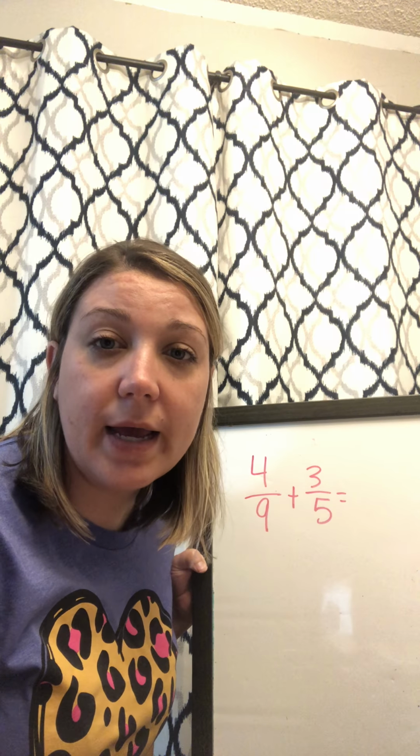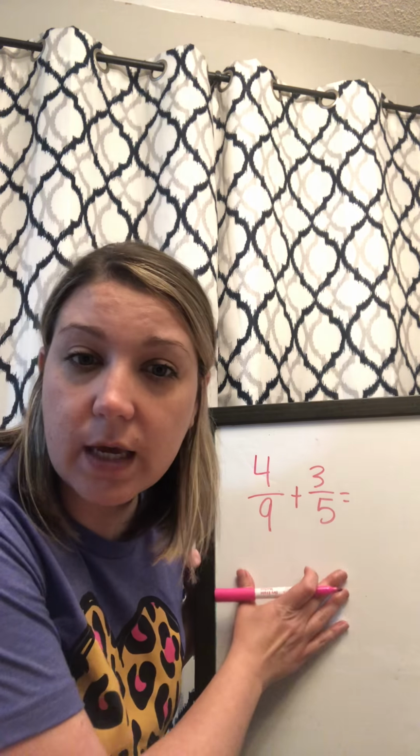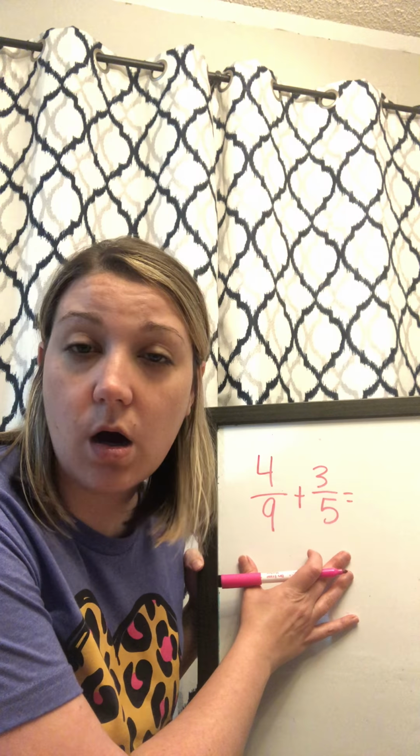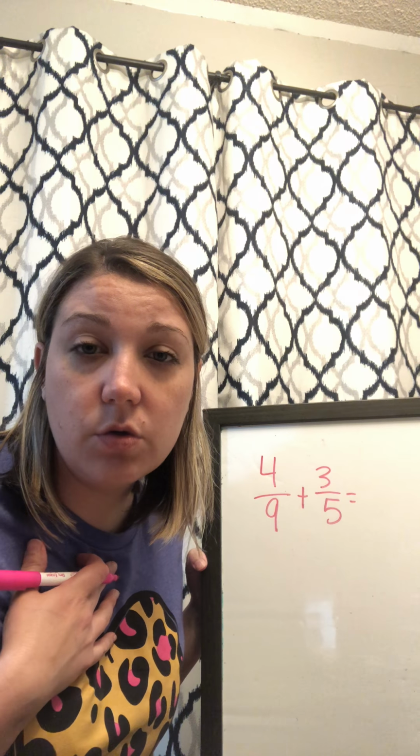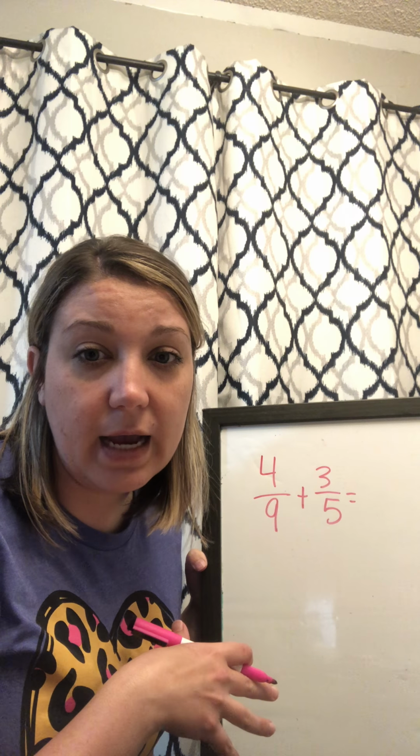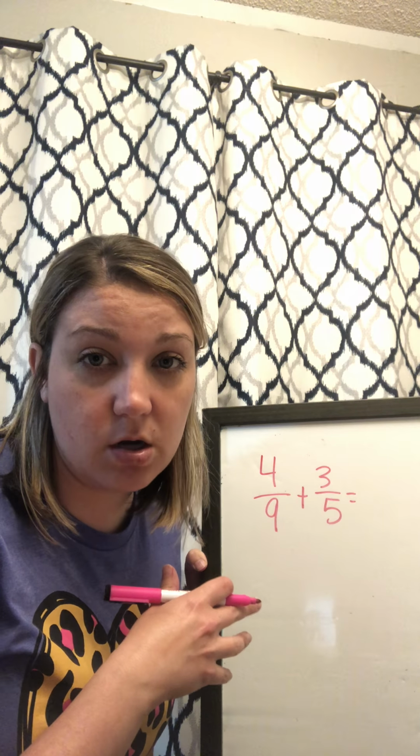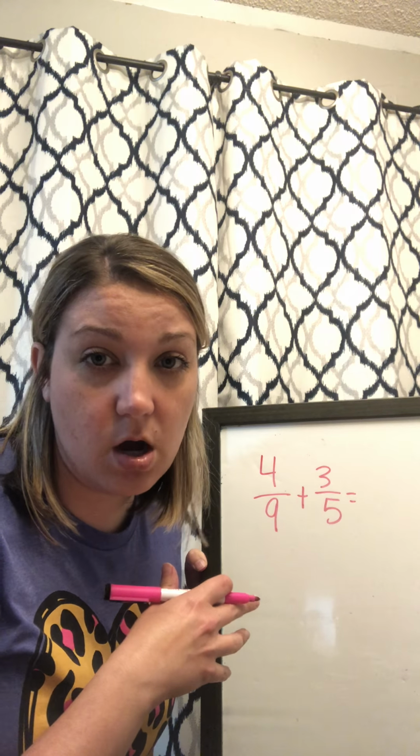And we do that by listing the multiples of our denominators. A lot of you can look at this and you automatically know what your new denominator needs to be, and that's fine. But I'm going to go ahead and list my multiples to the side and see what numbers they have in common. So I'm going to list my multiples for 9.